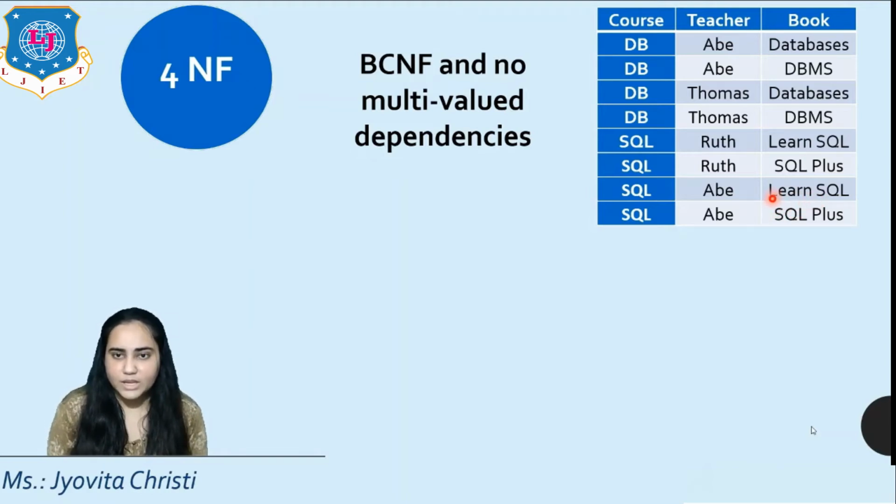Now this table does not contain any functional dependency, because a functional dependency would mean if I ask you a question, you should be able to give me one single answer. In this case, let me give you an example. If I ask you, who is teaching DB? Can you give me one answer? No, because it's being taught by Abe as well as Thomas.